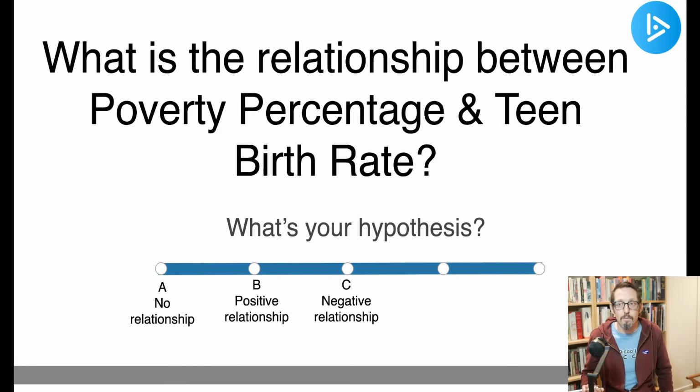So what do you think? Do you think that there is no relationship, a positive one, where increasing poverty yields an increasing teen birth rate? Or do you think that there's a negative relationship where decreasing poverty leads to an increased birth rate?